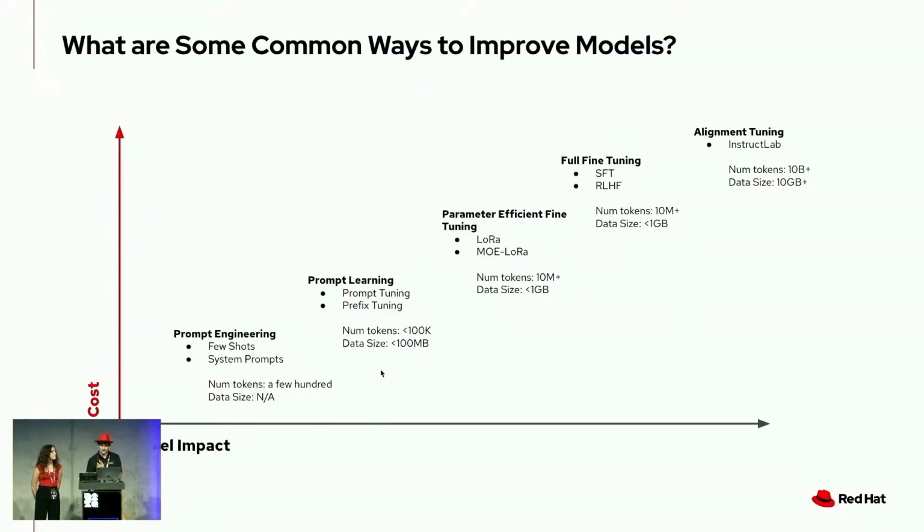The most basic one is prompt engineering, which is, cool job title. I would like that. But that's essentially giving the model some extra information, some extra context to help produce the intended result. There's things like parameter efficient fine tuning, where you're essentially working with a small subset of the total parameters in a model to guide it in the right direction, but not change the entirety of the model weights, versus full fine tuning.